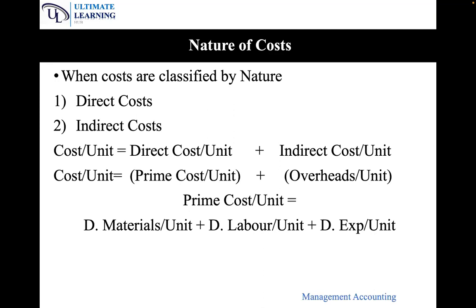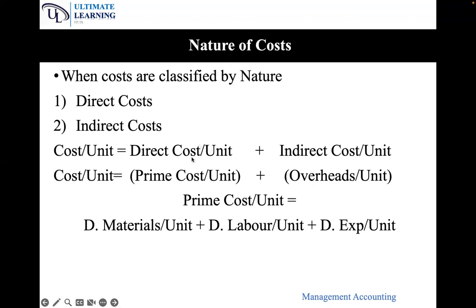So that is what we have in this slide. When costs are classified by their nature, we have direct costs and indirect costs. In other words, we will be taking direct costs plus indirect costs. Therefore, cost per unit will be direct cost per unit plus indirect cost per unit, because we are classifying costs by their nature.